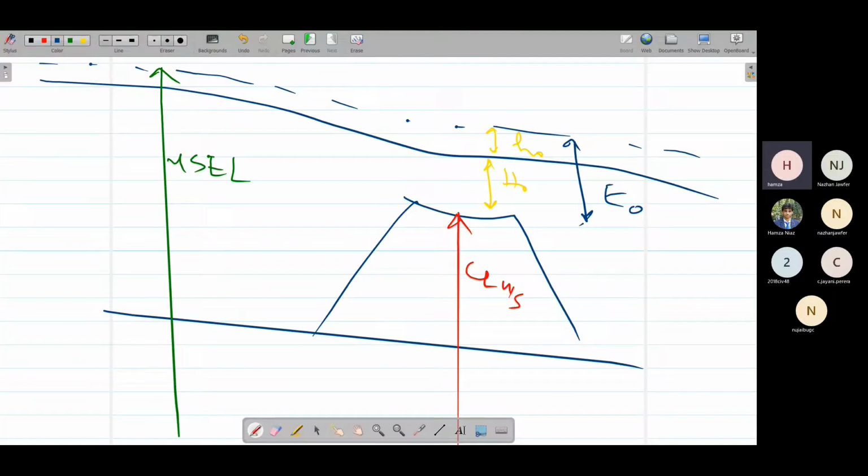And for this E naught value, we know the crest level in the case of undersluices. We just have to determine this upstream energy level, and if we subtract them both, we'll get this E naught value, or specific energy above the weir crest.